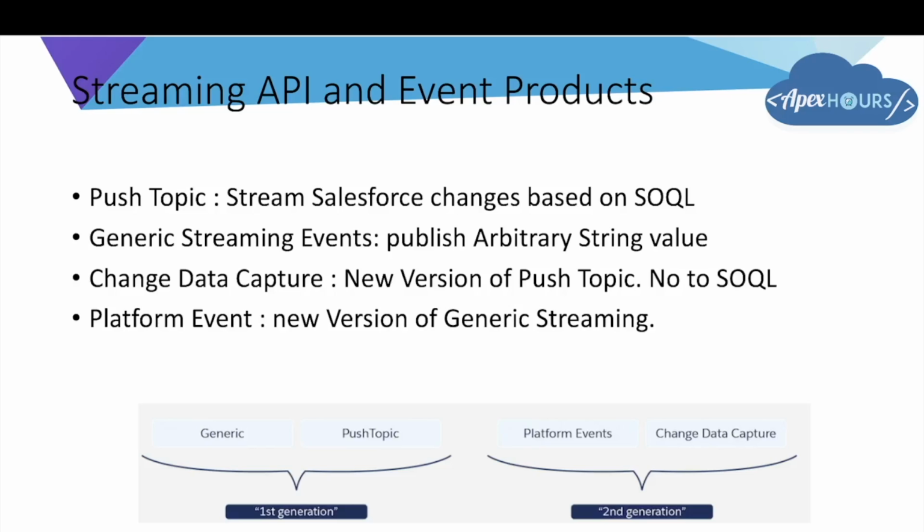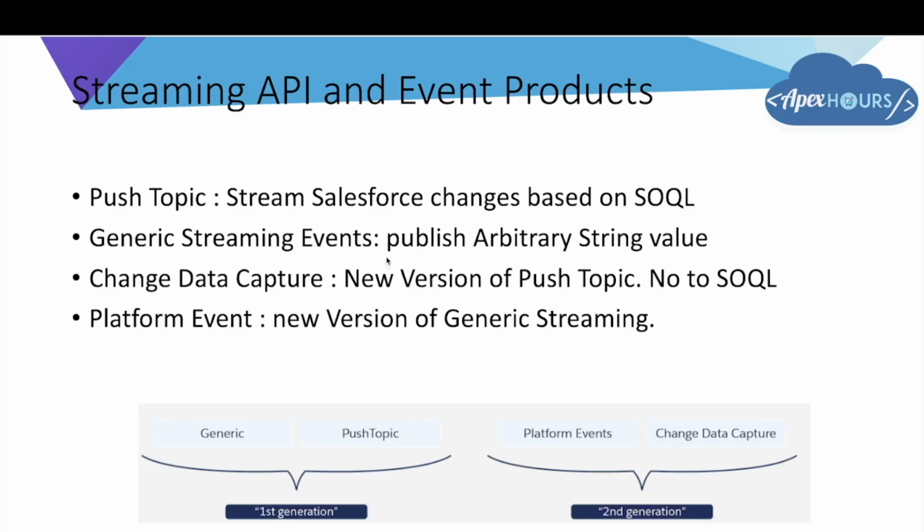Now, what are all the streaming API events we have? One is PushTopic. We will learn about this PushTopic in a little while, that it is based on the SOQL and how we can create it. There's another one which is a generic streaming API. It publishes arbitrary string values. Then the third one is change data capture, which is a new version of PushTopic, and we don't need SOQL. And another one is platform events.